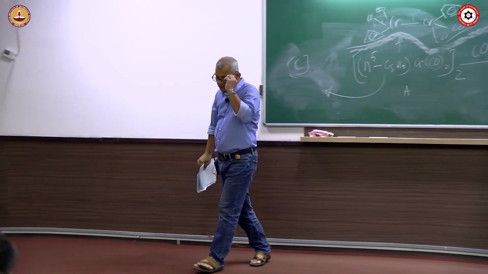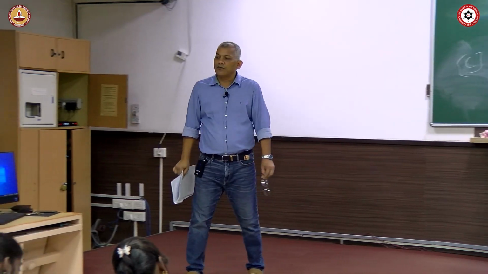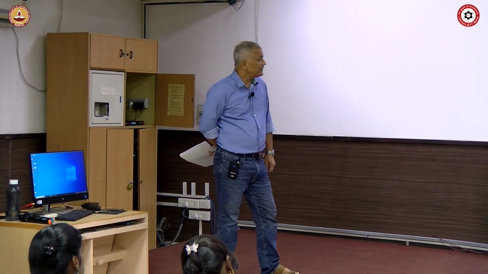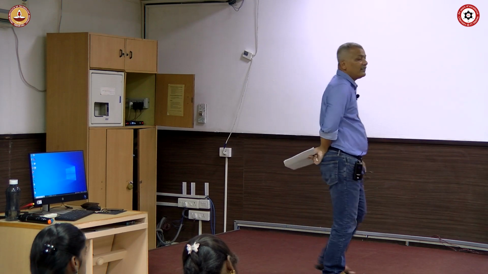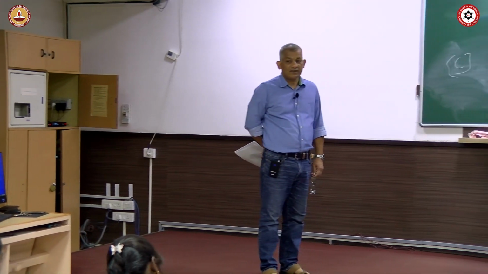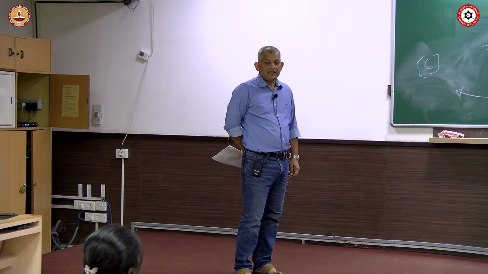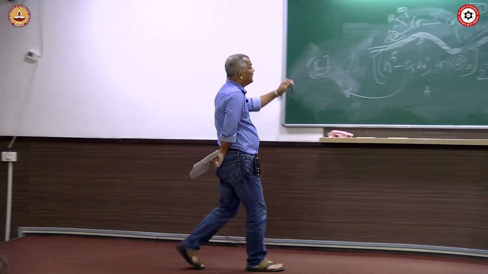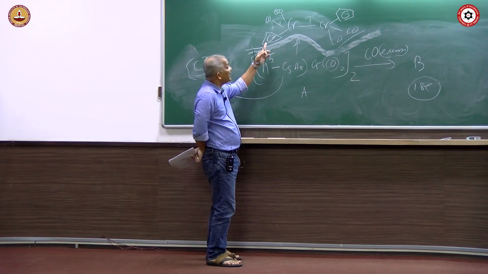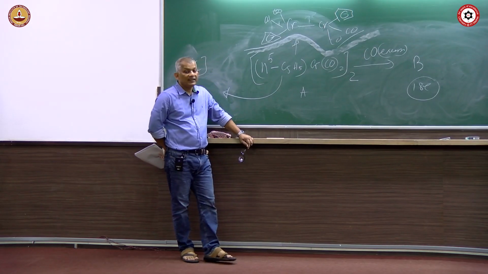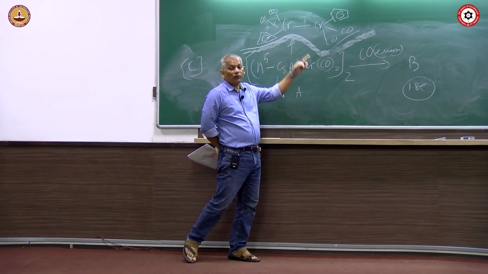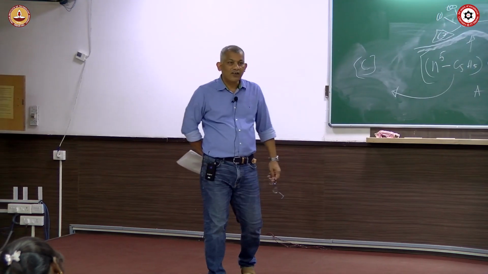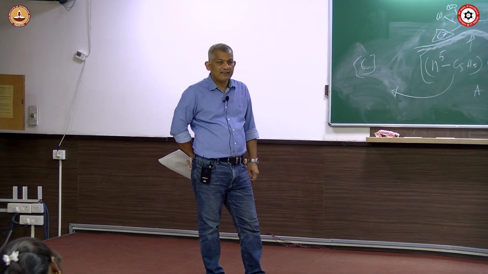Now, can you tell me whether this molecule follows the 18 electron rule or not? 2 CO, 4 electrons, Cp 5 electrons, so 9. Chromium how many? 6. 6 plus 9, 15, plus you have one bond, that is 16. So this is not 18 electron.